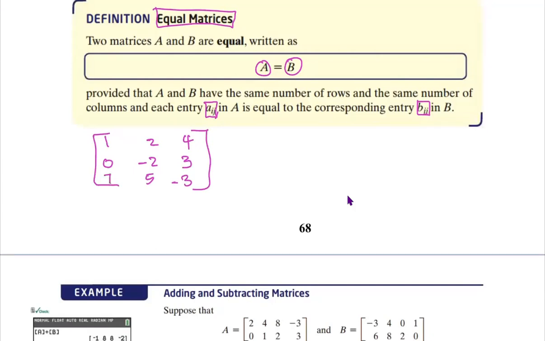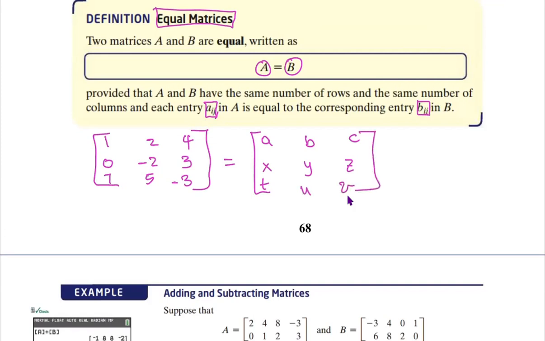Now say that this equals this matrix: A, B, C; X, Y, Z; T, U, and V.